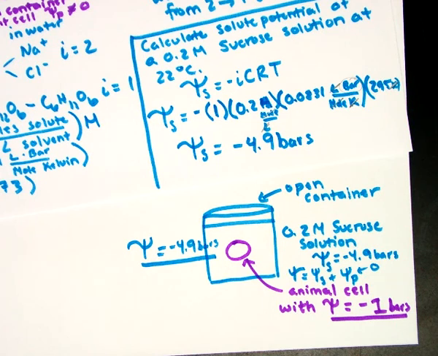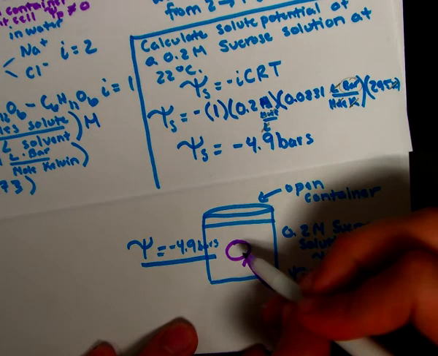So in this case, Michelle, is water going to diffuse from the solution into the animal cell or from the animal cell into the solution? Animal cell into solution. Great.